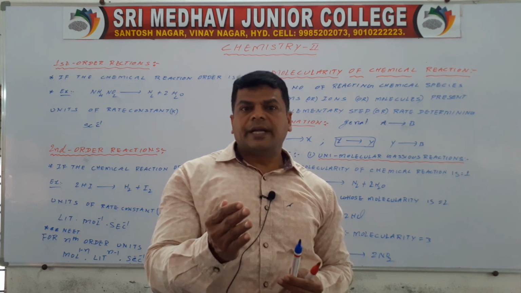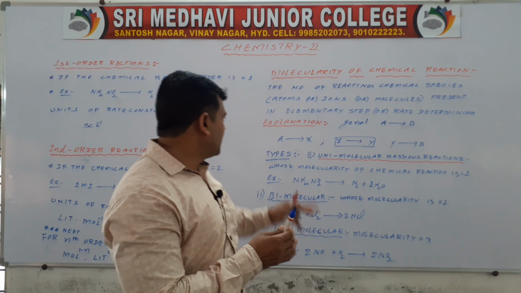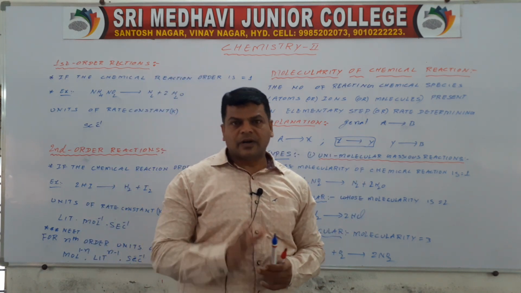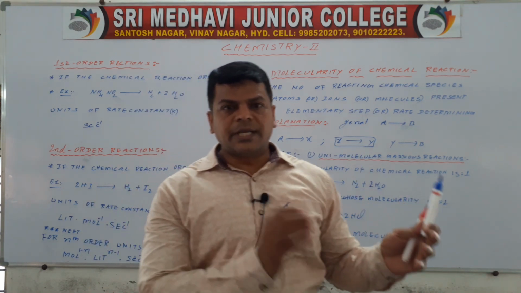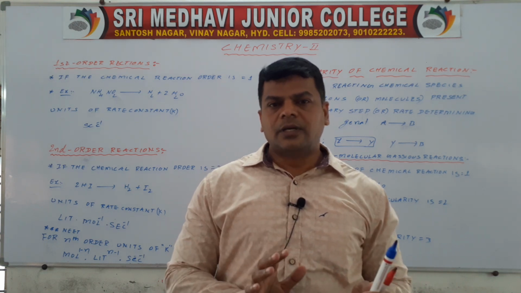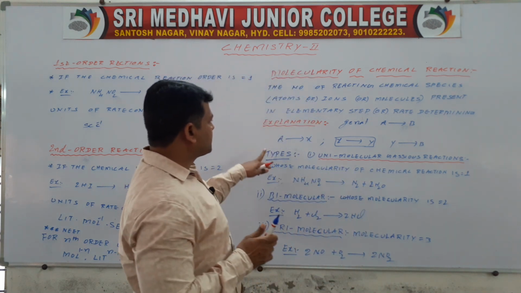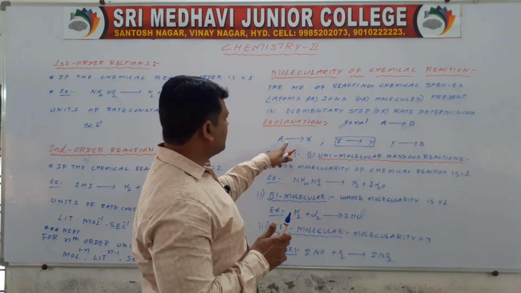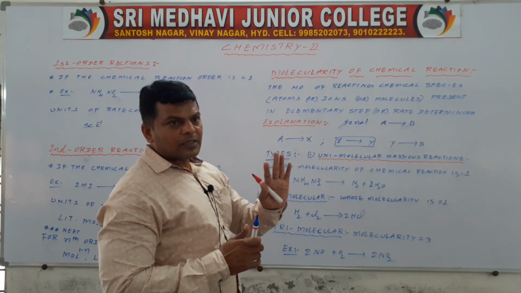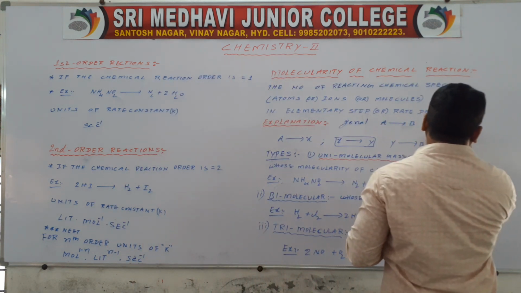Order is obtained experimentally, whereas molecularity of reaction is obtained from the reaction mechanism. Order can be 0, a whole number, positive, negative, and a fractional number also. Molecularity is only 1, 2, 3. Molecularity is up to 3 only, and molecularity is not 0.